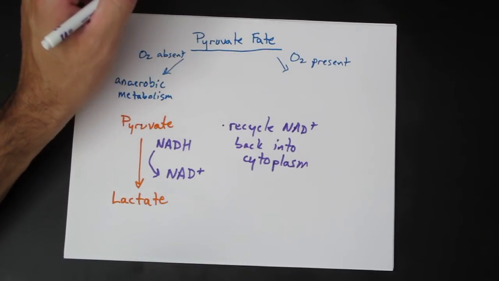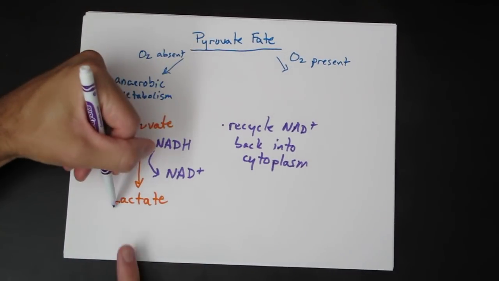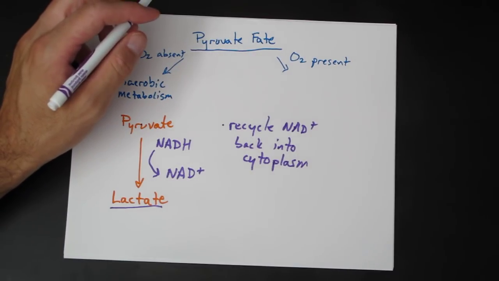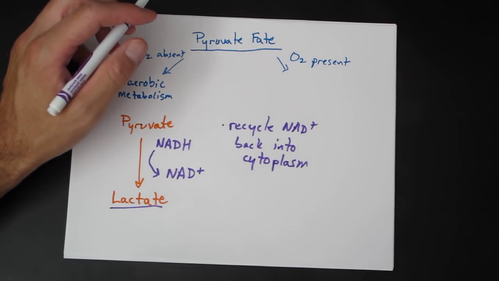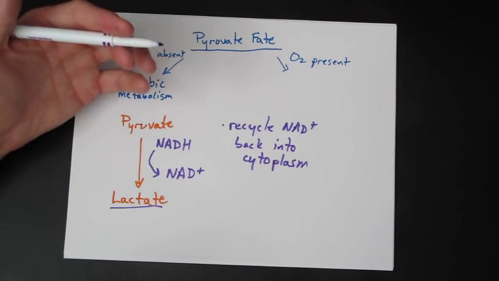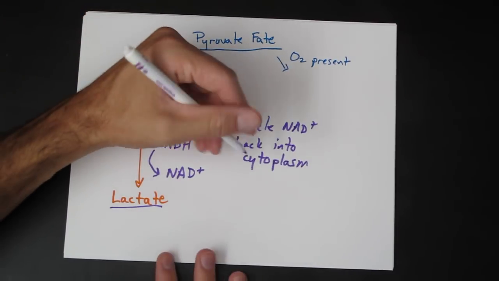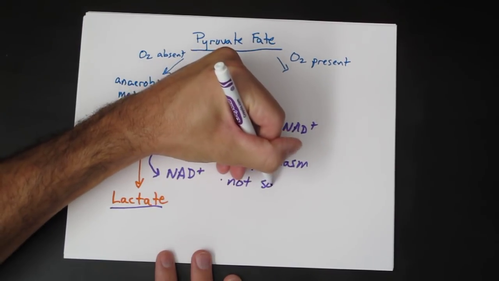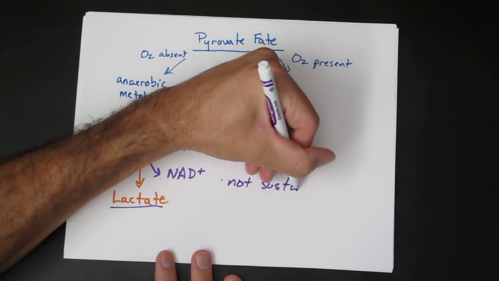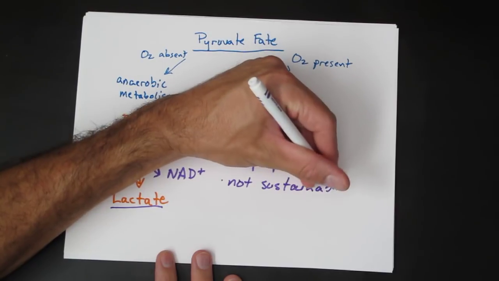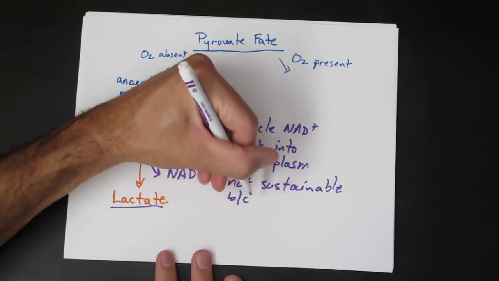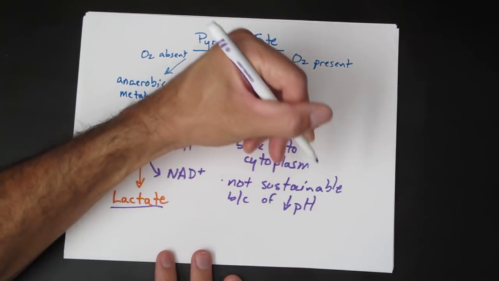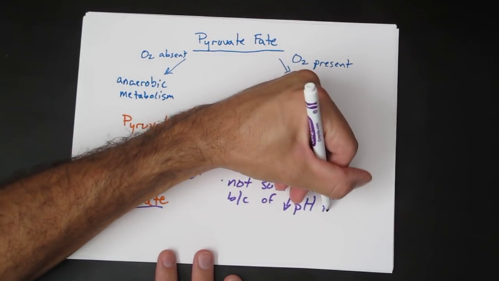Now, of course, the problem with this is that we're also building up lactic acid or lactate in our muscles and in our other tissue. That drop in pH causes all sorts of problems that we'll sort of discuss later, so this is not sustainable, because of the reduced pH that we have from lactate.